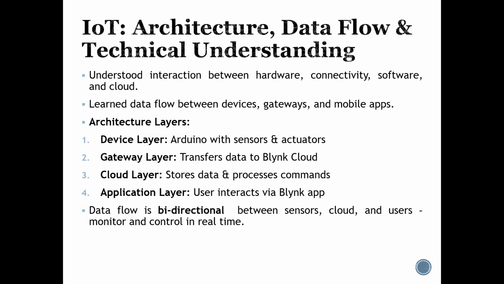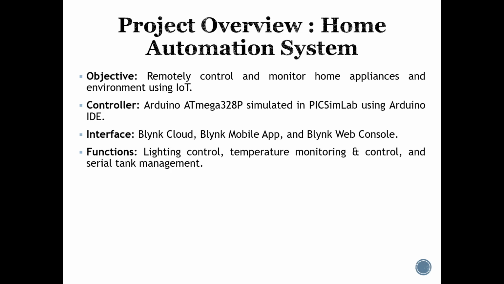The application layer allows users to monitor and control devices through apps or dashboards. I also learned about communication protocols like MQTT and HTTP and how IoT platforms such as Blynk Cloud manage data efficiently using virtual pins.